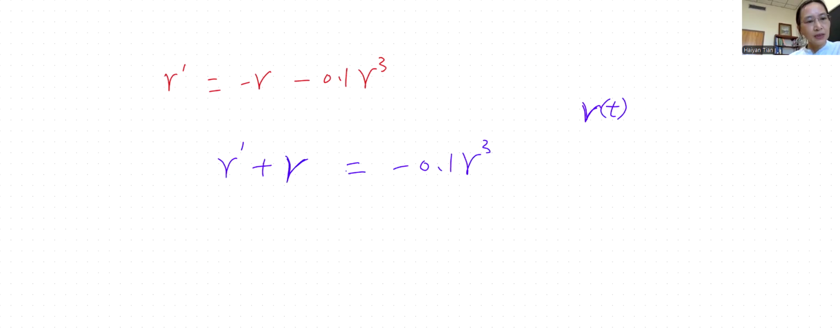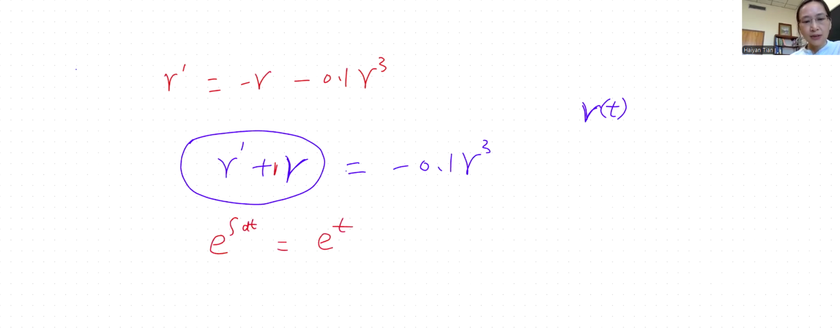But although it is nonlinear, we can still apply the integrating factor. For example, multiplying both sides by the integrating factor, which is e to the integral of 1 dt. Remember, this is a 1, number 1. So it's just e to the t.